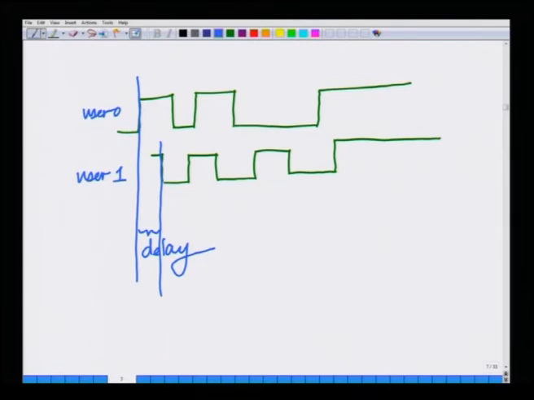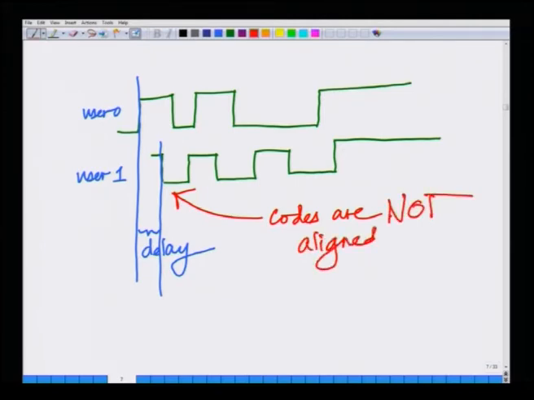This delay means that the edges are not aligned, which means the codes are no longer aligned. This is known as asynchronous CDMA.